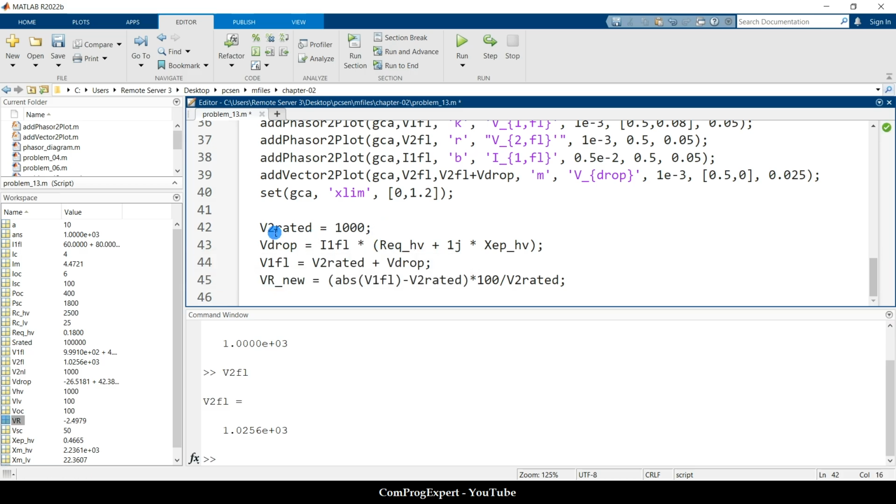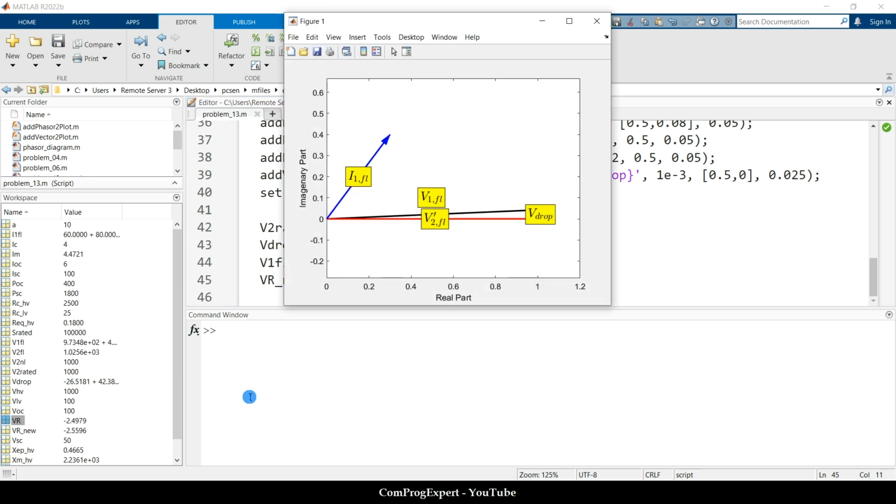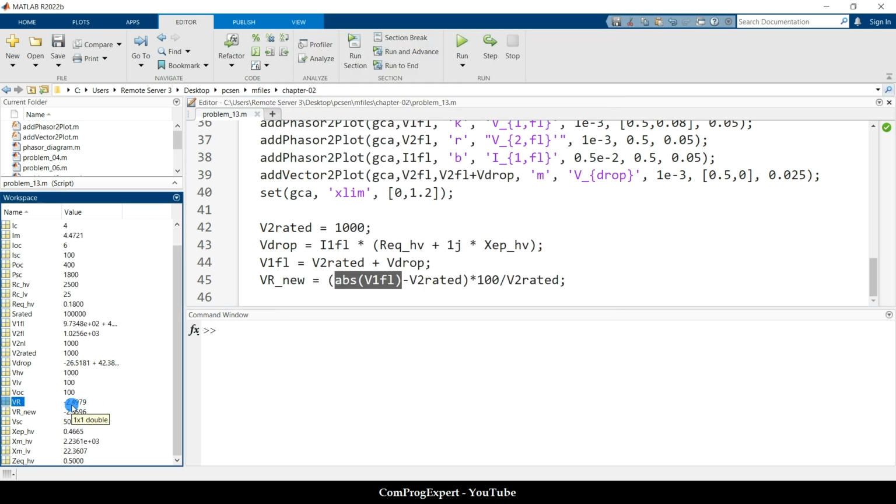We fix the value of the V2 and calculate the rise in the amplitude of the V1. So if I run the code, as you can see, for the previous case, the voltage regulation is negative 2.5, and for this new case is negative 2.55 kilos, right?